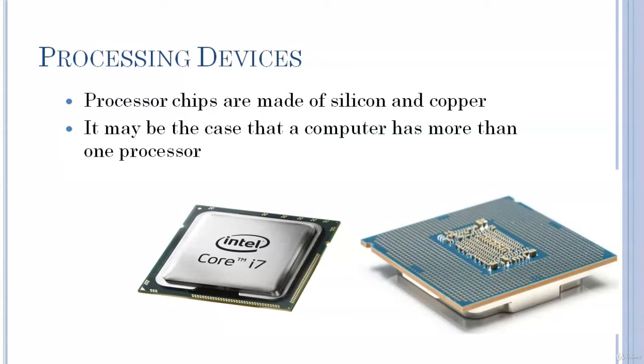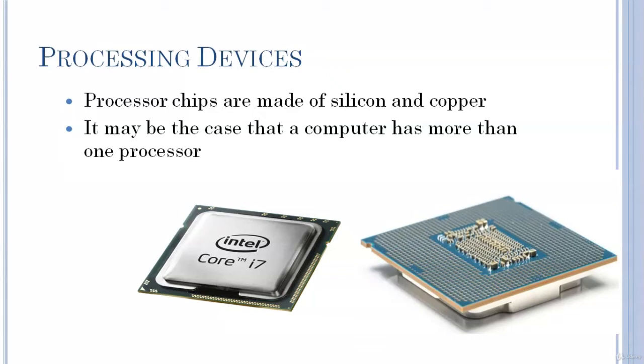When it comes to personal computers, a processor normally consists of one or more specialized chips called microprocessors, which are made up of silicon and copper, and they are etched with many tiny electronic circuits.